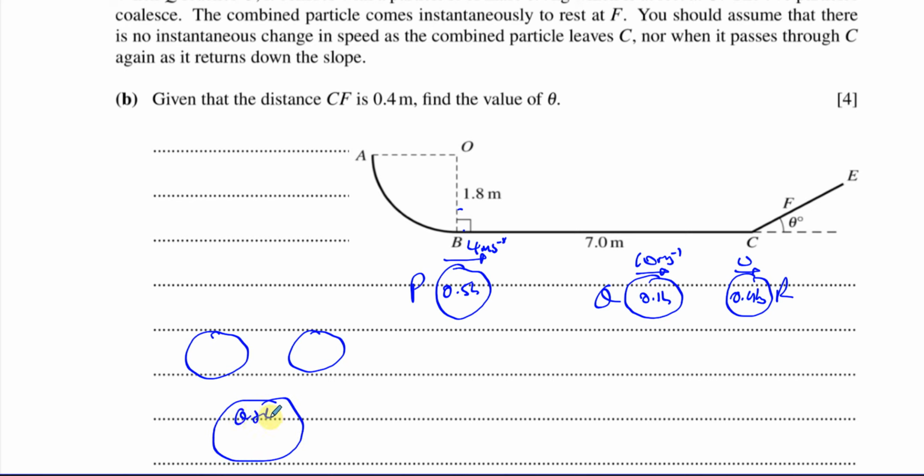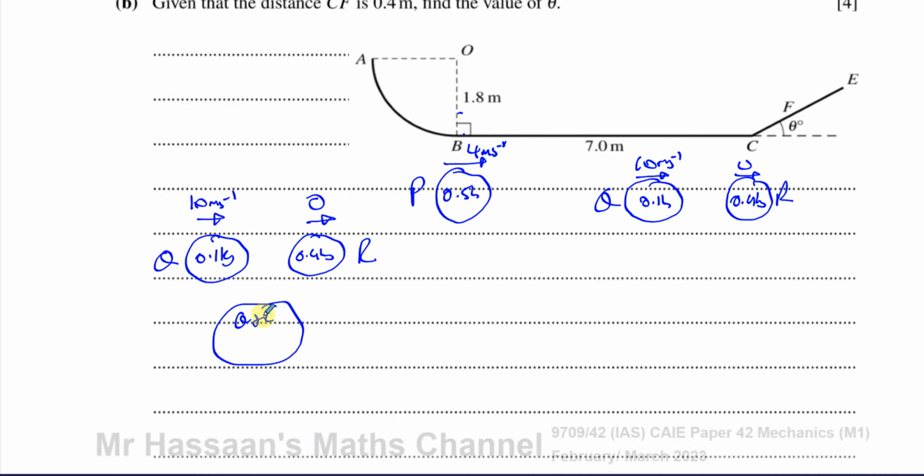Q is 0.1 kg and going in this direction at 10 meters per second, and R is 0.4 kg and at rest. Q and R coalesce, so they become one particle of 0.5 kg, and I want to find what speed this starts going up with. So I need to find what this v is.